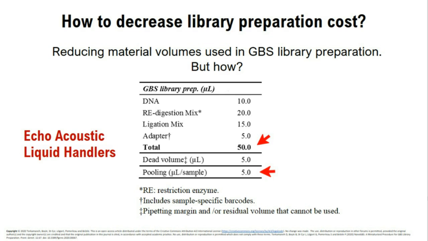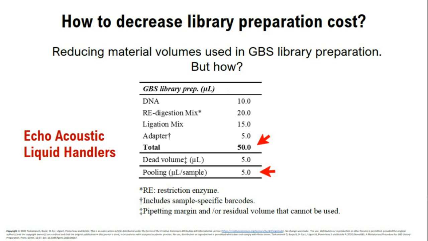And we have a mix of 50 microliters. But if you remember, we pool the samples together. And during pooling, we use only 5 microliters of each sample. That means we prepare libraries of 50 microliters and use only 5 microliters, so we have 45 microliters extra.